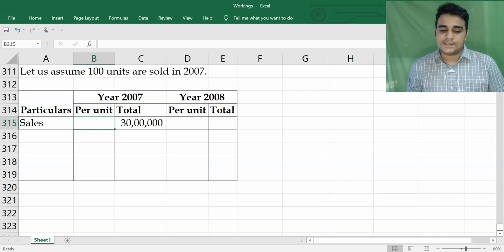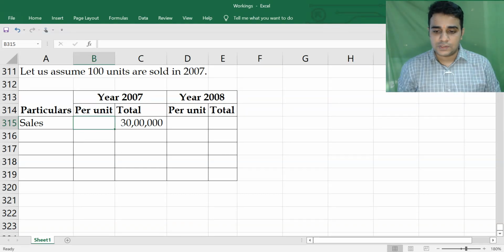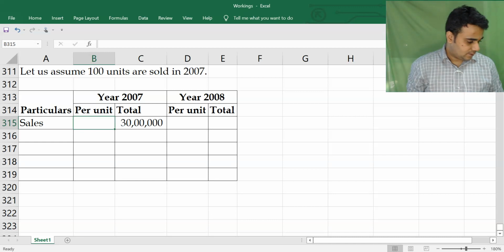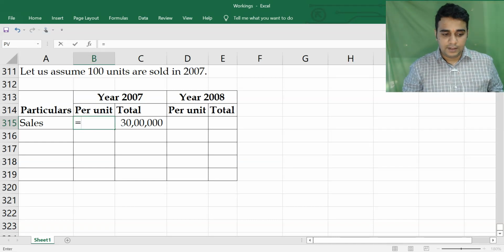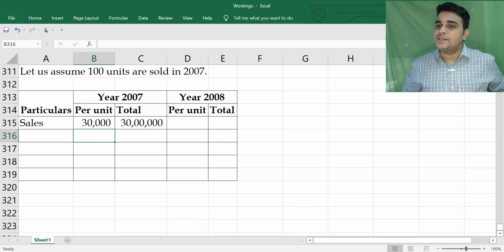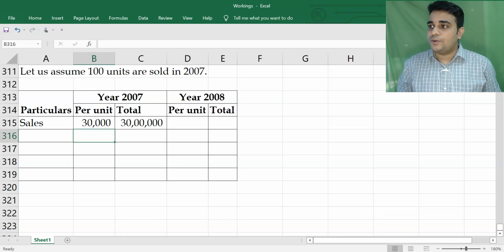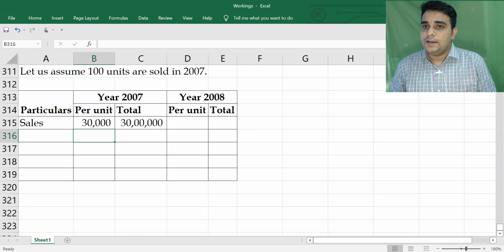Sales is 30 lakhs, 3,000 thousands. Divide by 100 units. We had made an assumption that 100 units are sold in 2007. So 30,000 rupees into 100.